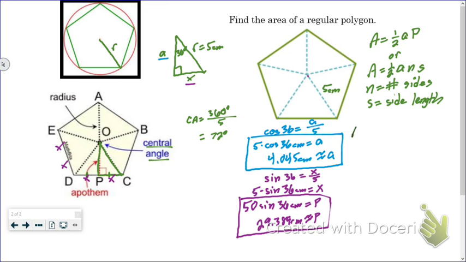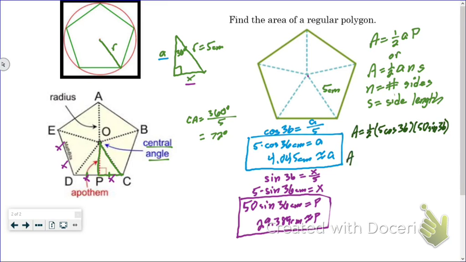So here, area is going to be 1/2 times the apothem, which is 5 cosine 36, or if you saved that 4.045 number on your calculator, you would just recall it here. And here we'll say 50 sine 36, or if you saved that number on your calculator, you can recall it at that point here.